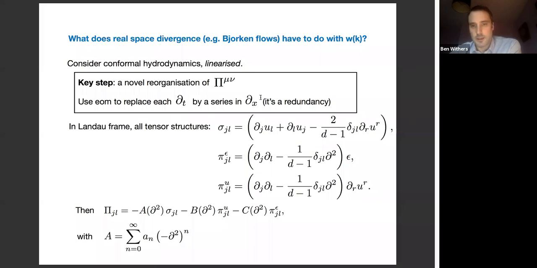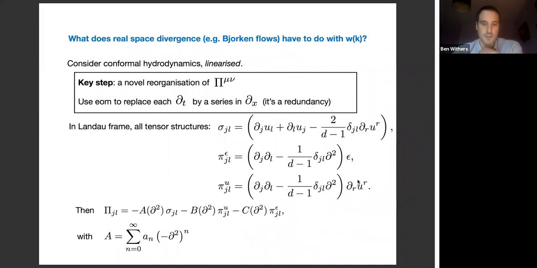Once you've done that, it's relatively easy to enumerate all possible tensor structures that can appear in the linearized theory. The first one is, of course, very familiar. It's the spatial shear tensor, so it's spatial derivatives of u in this way. The second one is two derivatives acting on the energy density. And the third one is two derivatives acting on the divergence of the velocity.